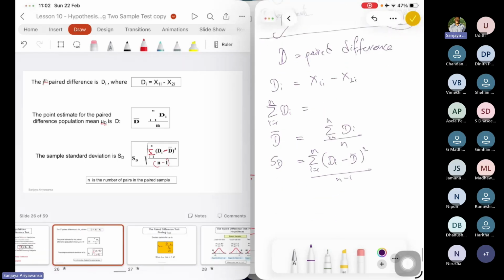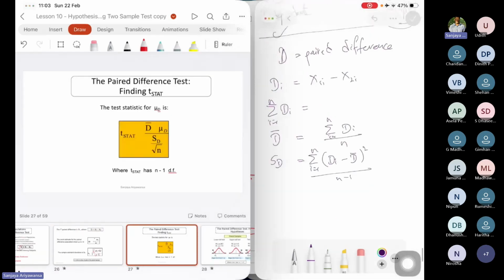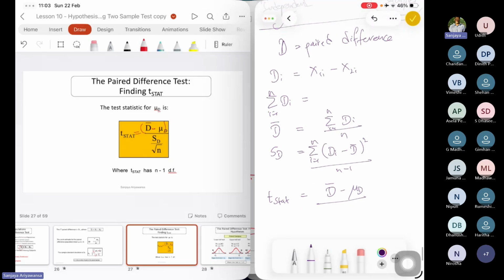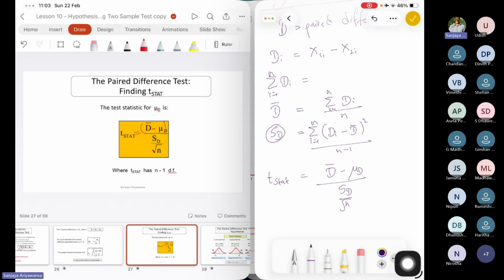So we are using the t-test statistic here as well. Like I said, the point estimate is D bar. So the t-test statistic is D bar minus our population mean difference, divided by the sample standard deviation of the difference, which we calculated here, SD, divided by square root of n, because it's the same sample, n doesn't change.